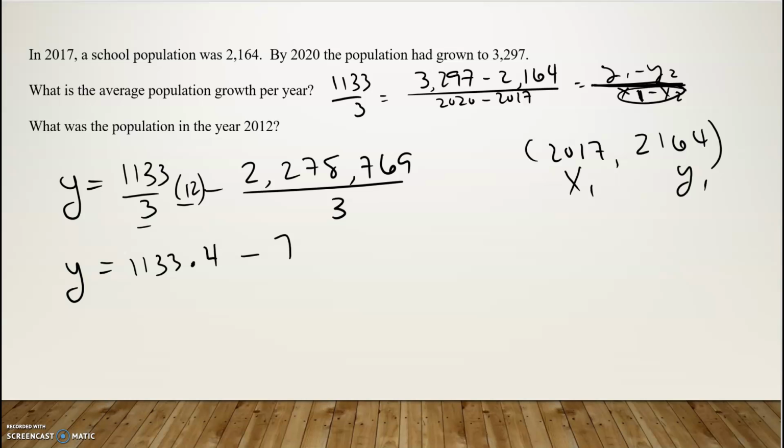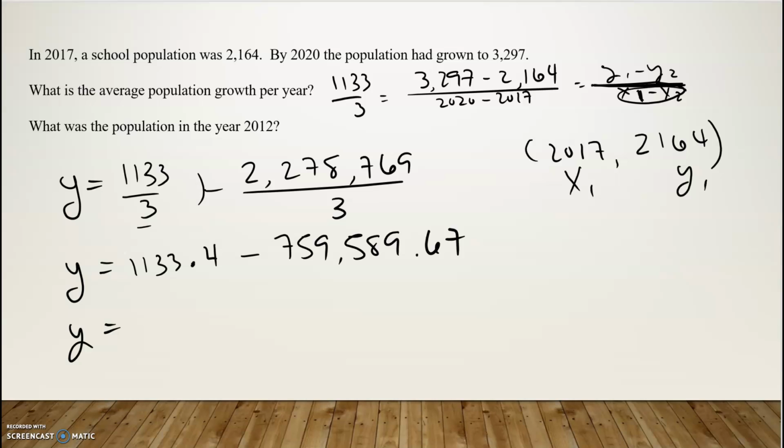So I get 759,589.67. Okay, so then we have plus 101 or 1,133 times 4.